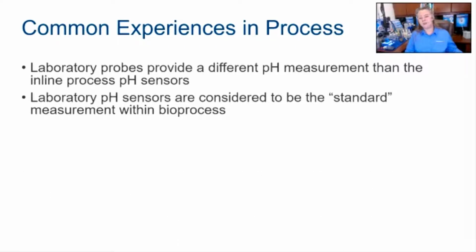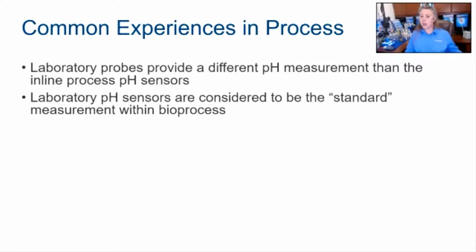Laboratory pH sensors are often considered to be the standard. So you might measure in your process with your inline sensor, and then you measure an aliquot offline, and you might do an adjustment because you say that your offline laboratory pH probe is the standard accurate probe. So you tweak your information on your bioreactor sensor and say, nope, I'm going to match the offline.